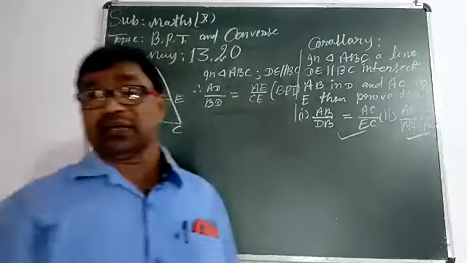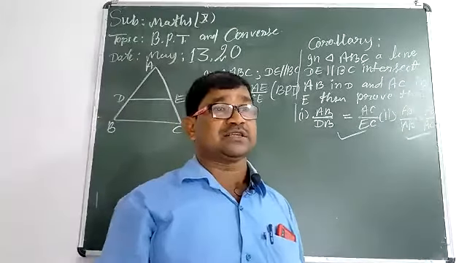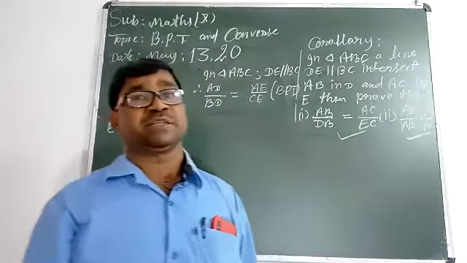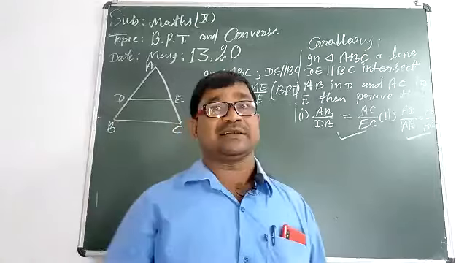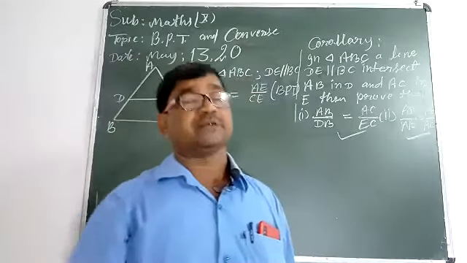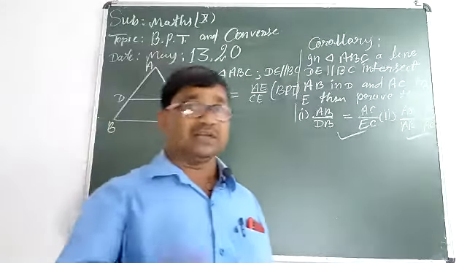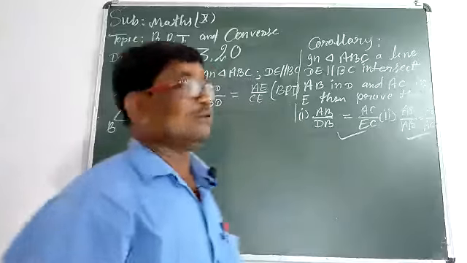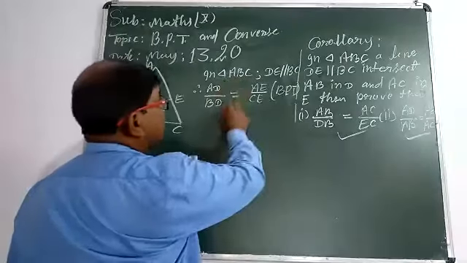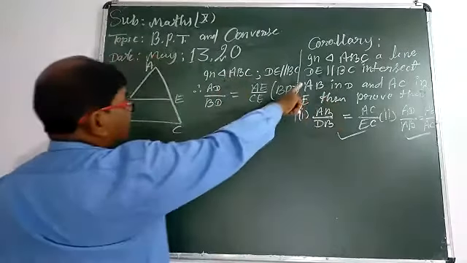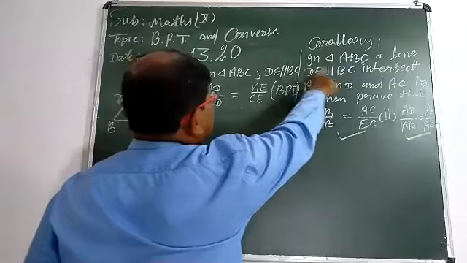Why? In a triangle, if one line is drawn parallel to one side of the triangle, intersecting the other two sides, they are proportional. We have learned already by BPT.